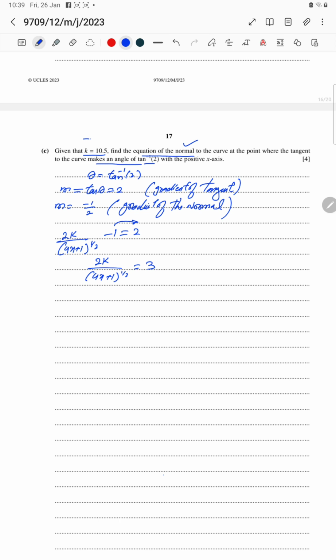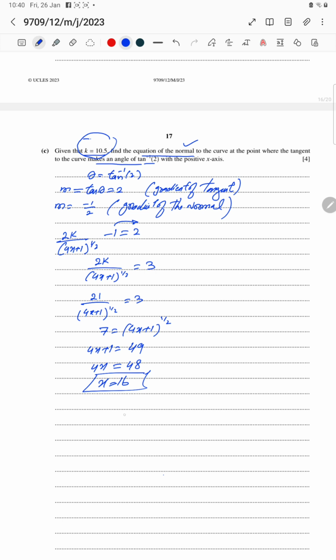Just replace k, that is given to be 10.5. 10.5 times 2 will be 21 over (4x + 1)^(1/2) equal to 3. So further simplify and divide by 3, because 7 is equal to (4x + 1)^(1/2). Taking the square on both sides, 4x + 1 equals 49. 4x is equal to 48. x is equal to 16. So the x coordinate will be 16.